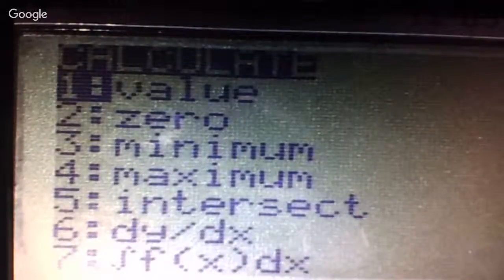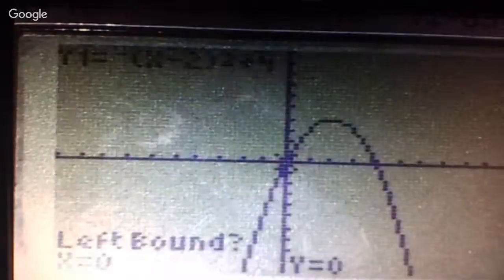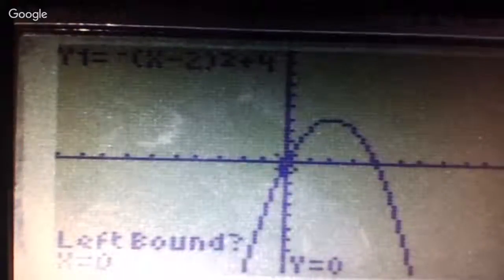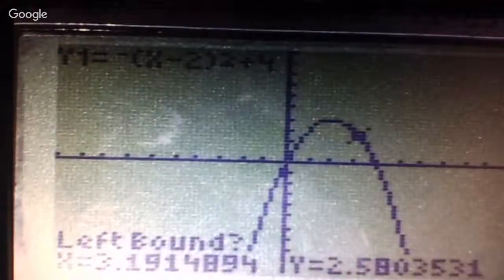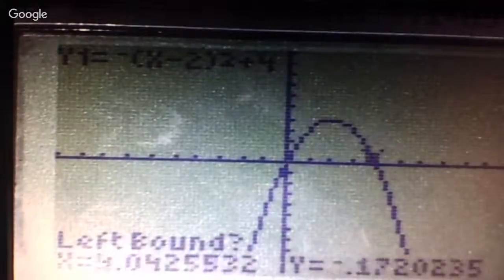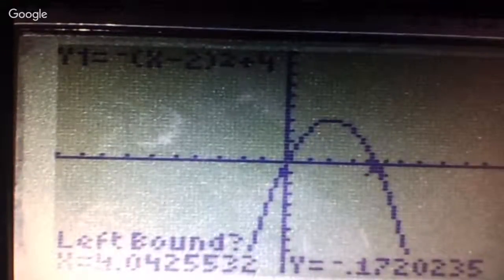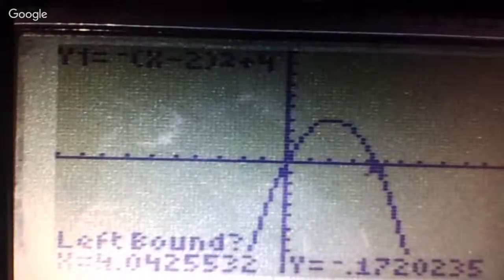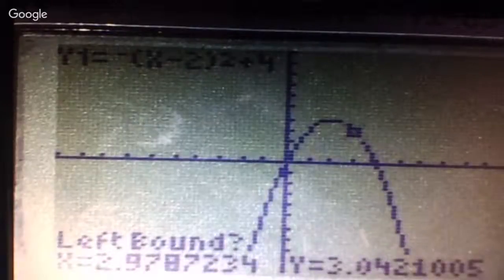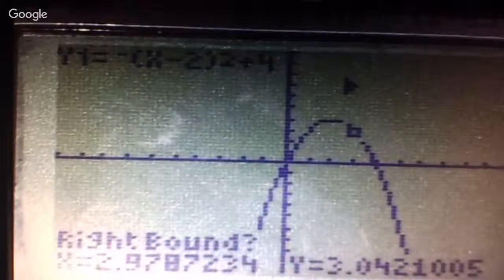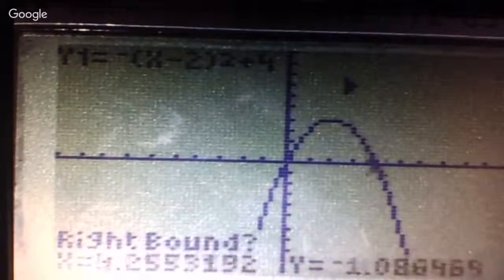Okay. So I need that second 0. So I need to go to the other side now. Here's where I think it is. So I want to go to the left of it, hit enter, go back to where I think it is.